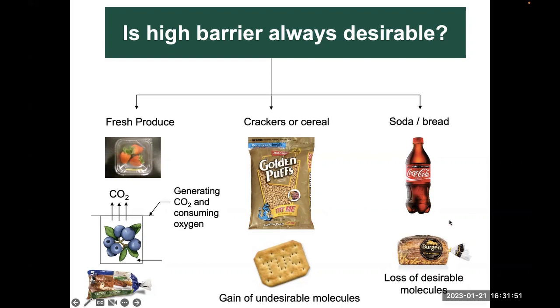So in both of these examples, soda and the bread that you see, the loss of desirable molecules, which is CO2 and water in different products here, will lead to the end of the shelf life. So the point I'm making is in some of these cases, high barrier may not be desirable.